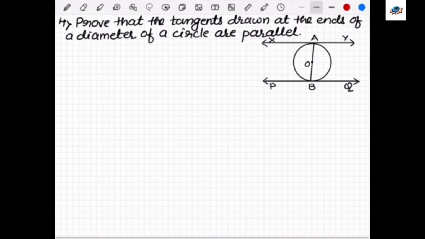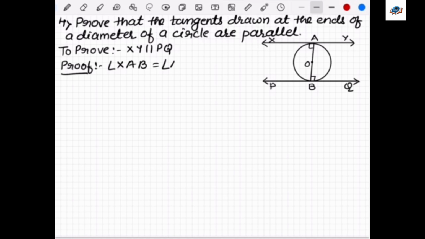So proof: I can say angle XAB equal to angle ABQ equal to 90 degree. The reason, I can say, is that the radius from the center to the tangent is perpendicular.